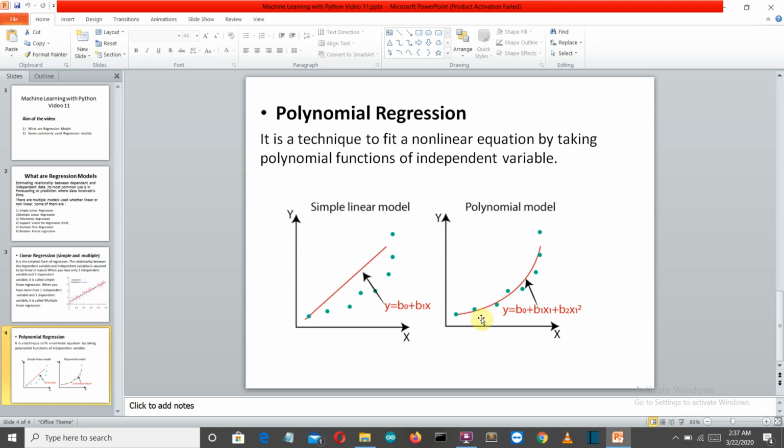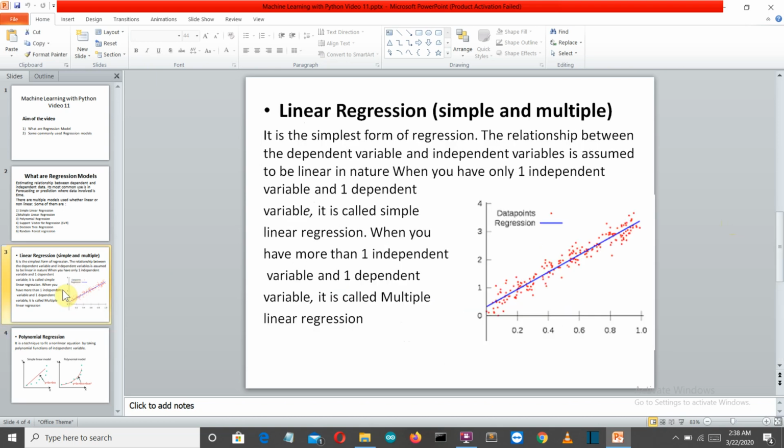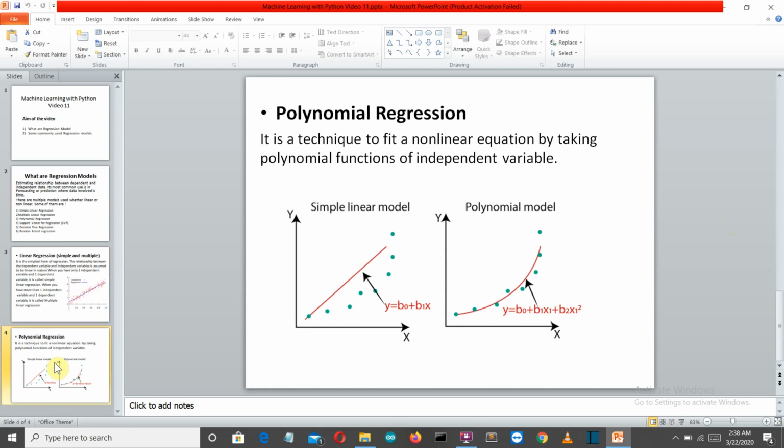But when we plot a polynomial graph, then we are able to satisfy most of the points here. Now we will see this in a lot more detail, how we can select the degree of polynomial to satisfy most of the points, and how we can avoid underfitting and overfitting. But this was a general introduction of what linear regression models and polynomial regression are.